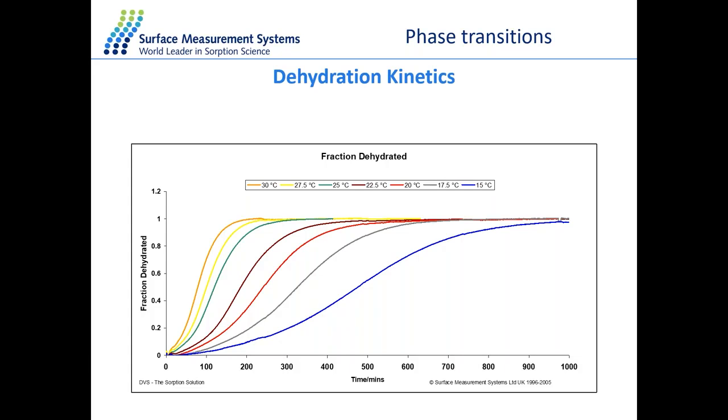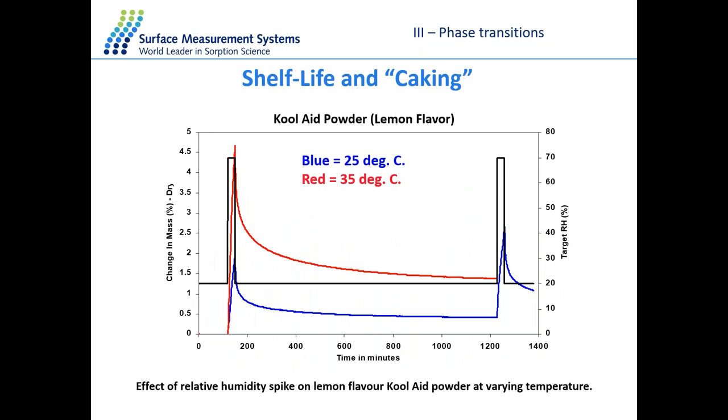Now, obviously, this is an interesting factor for a drying curve, but it doesn't represent what we would do with a sample, right? Nobody takes an anhydrous sample and leaves it at 90% relative humidity overnight if they can avoid it.